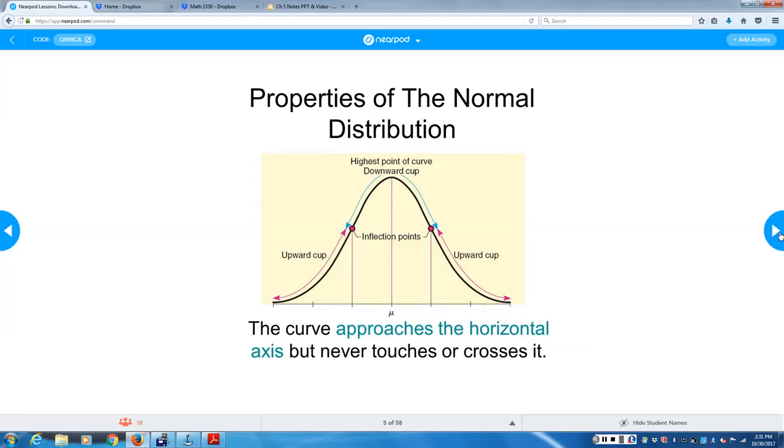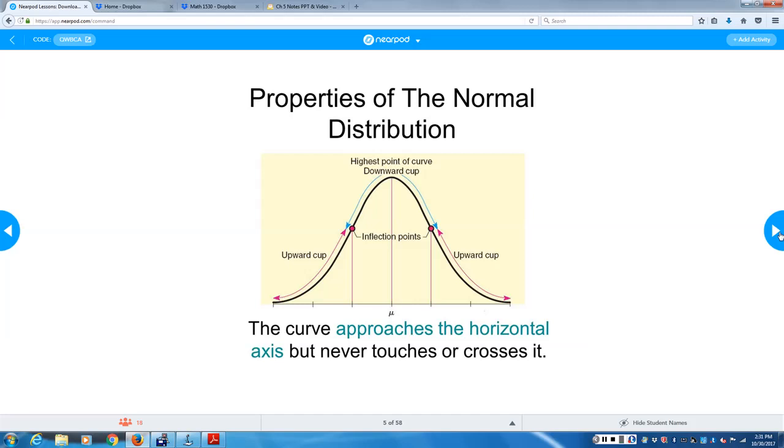Very important thing to realize is that even though if you look all the way up at the upper right and all the way down to the lower left, it looks like it comes down and touches the x-axis, it doesn't. It approaches the x-axis, the horizontal axis, but it never touches it, it never crosses it.